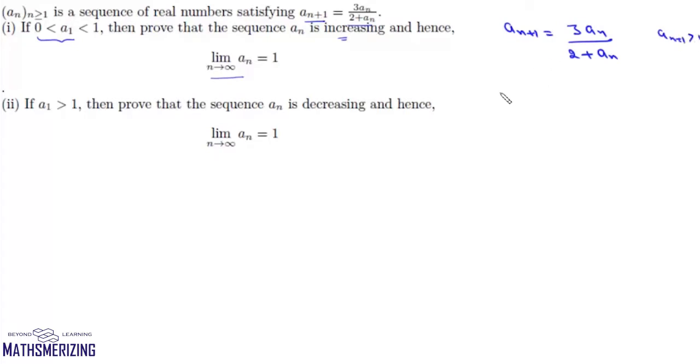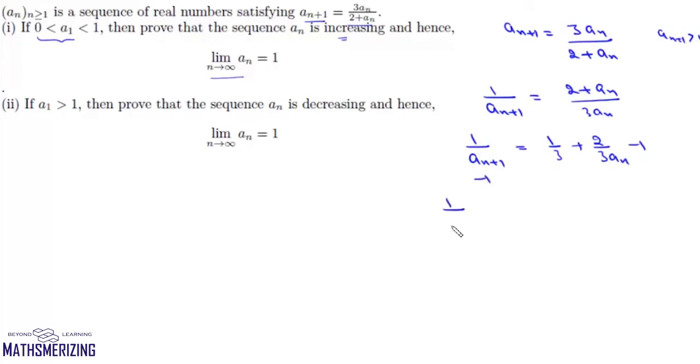Now we can rearrange this as 1 upon a_{n+1} equal to (2 + a_n) upon 3a_n, and we can also write this as 1 upon a_{n+1} equal to 1/3 plus 2 upon 3a_n. Now what we'll do is subtract 1 from both sides.